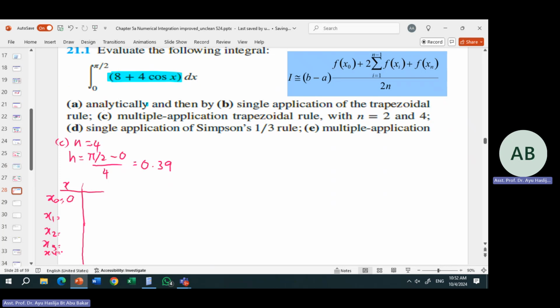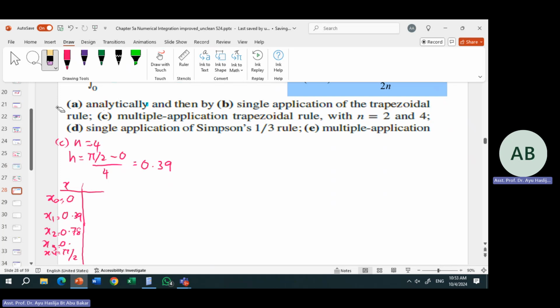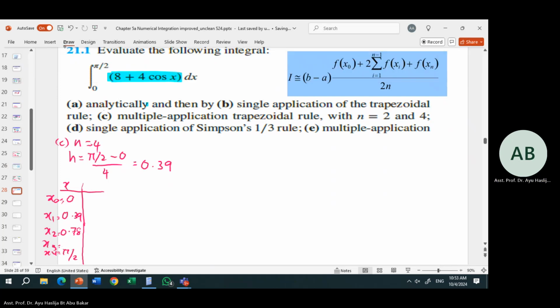So x4 is pi over 2. Okay, so x1 is 0.39. x2 is 0.39 plus h, so 0.78. x3 is 1.17.